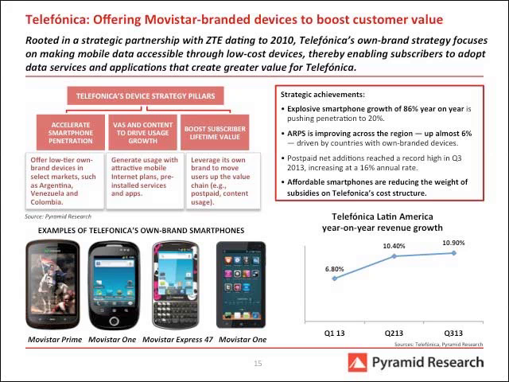And how has Telefónica Latin America gone about this? First, they have launched a small line of low-tier Movistar-branded smartphones and tablets in selected markets in the region, not across the board.